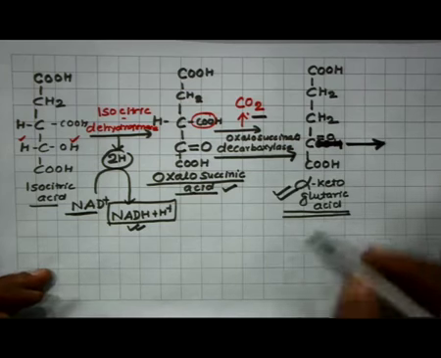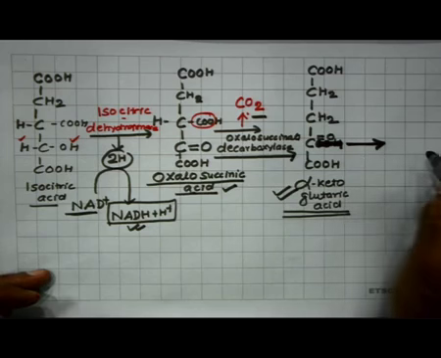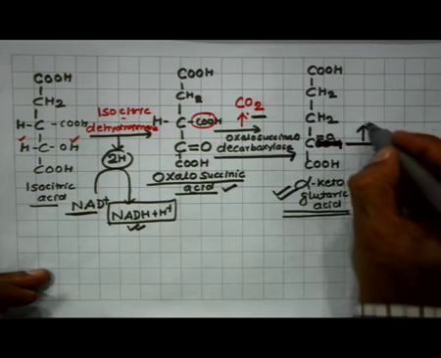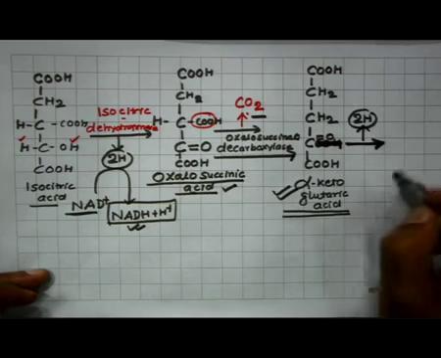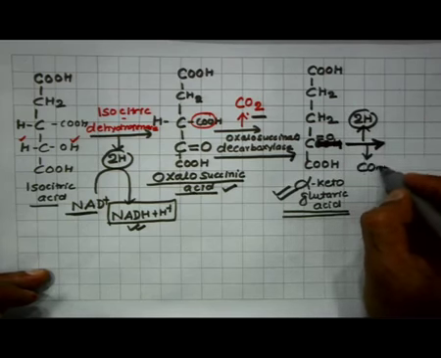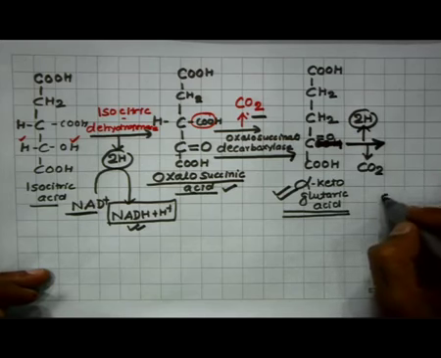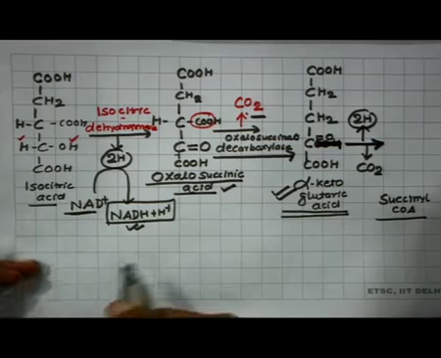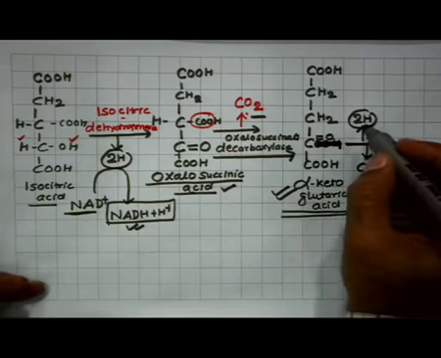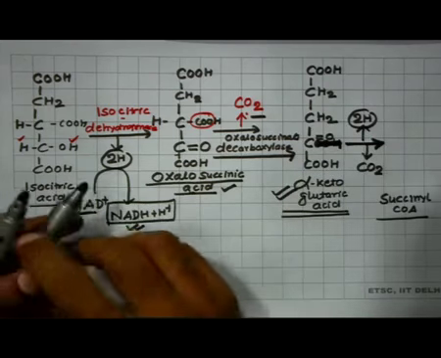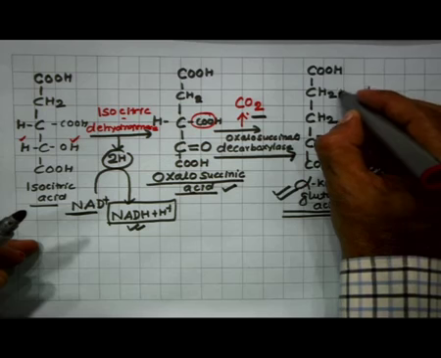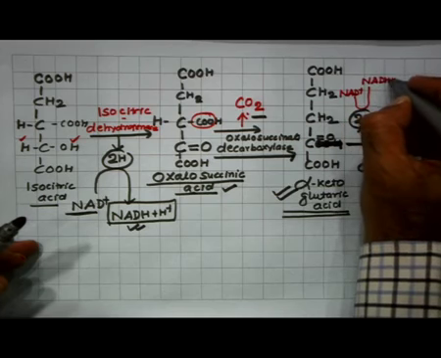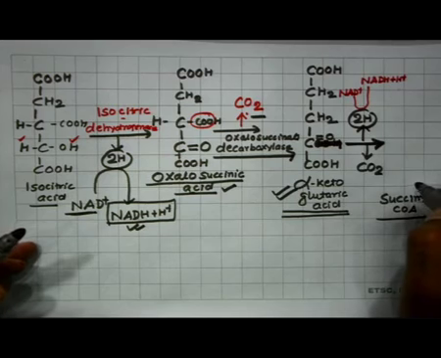In the next step, first of all, the 2 hydrogen are removed, and in that case carbon dioxide is also removed, and the product will be succinyl coenzyme A. This hydrogen is removed, and it is accepted by NAD plus and converted into NADH plus H plus, and the product is succinyl coenzyme.